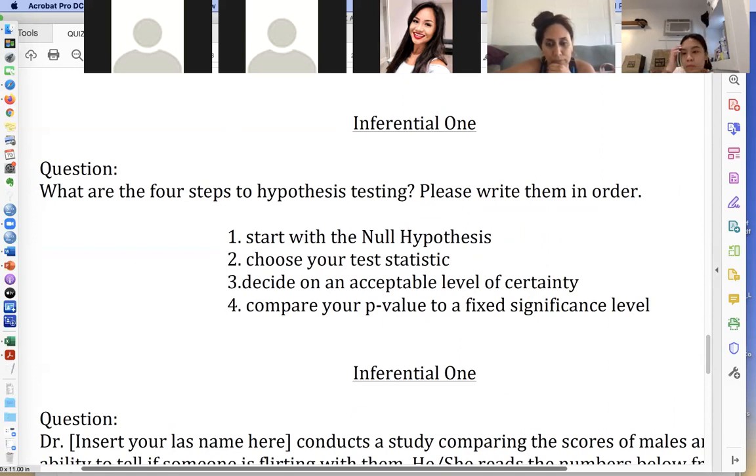And remember how, like a long time ago, I said that all statistics do is tell you whether your result is due to chance or not. Well, how do we know that it's due to chance?